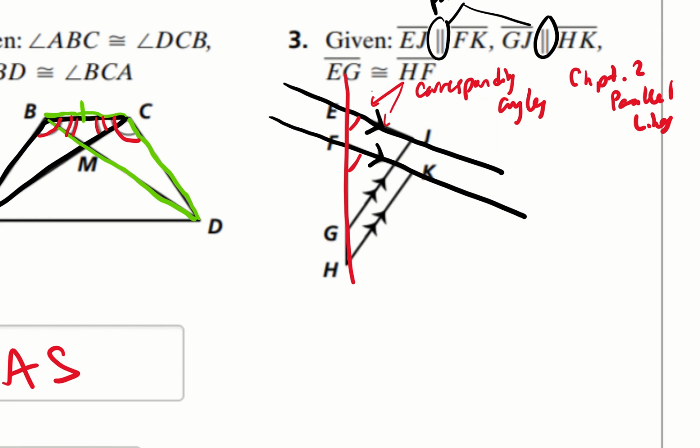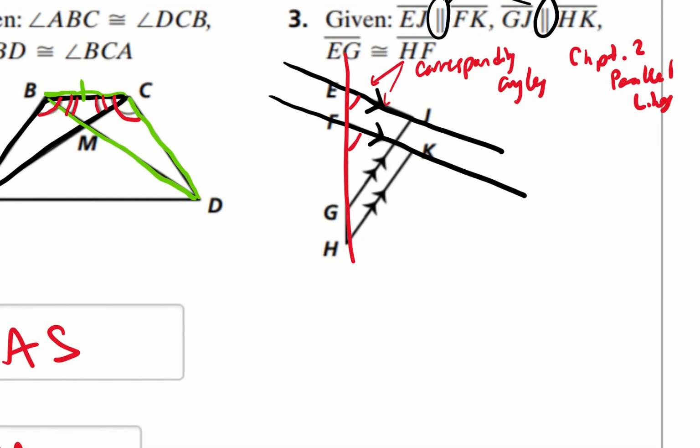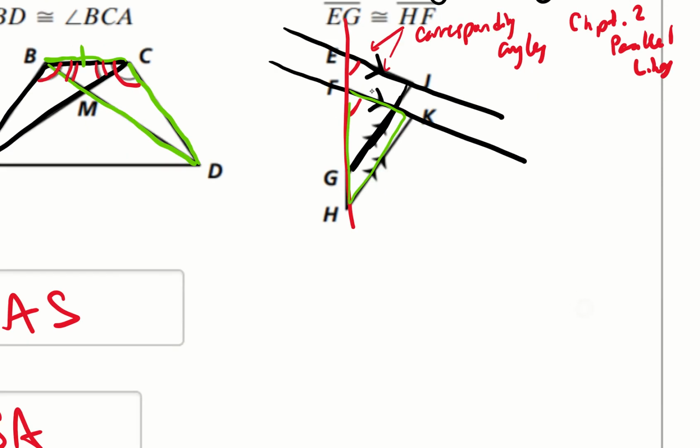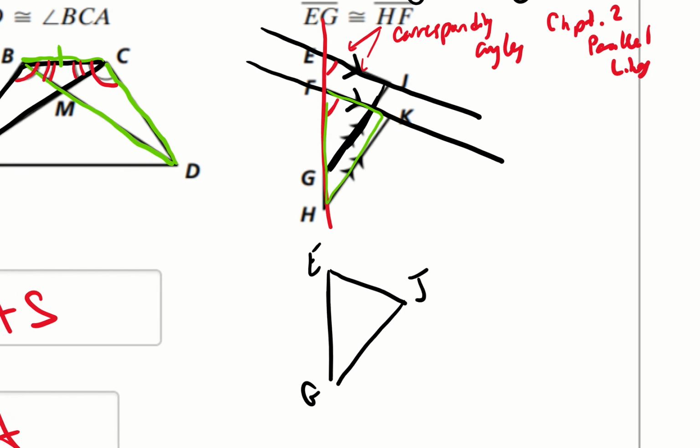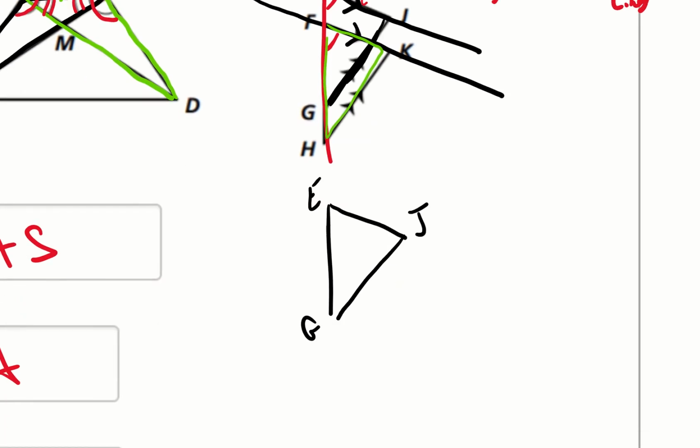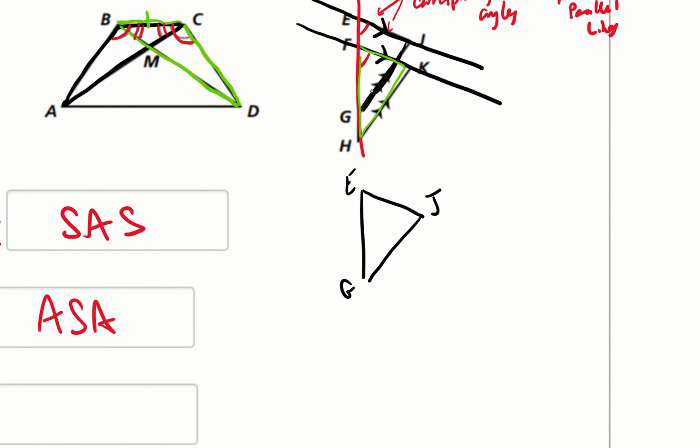And so now, in fact, what I'll do is make this the black triangle, and then I'll make this other one a green triangle. Okay, so I can draw both of them separately. So we have this black triangle, EJG, and then we'll draw the green one below it.